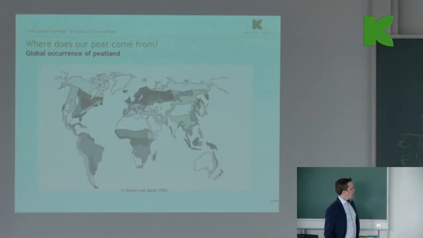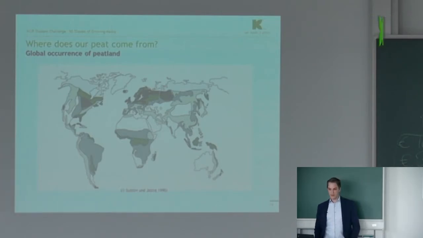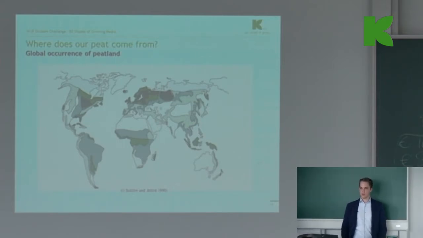So where does peat come from? On a global view, the greener the color is, the more you will find peat bogs or peatland. They are located mainly on the northern hemisphere, namely Europe, then the Nordic countries, but also Germany, the Baltic states.